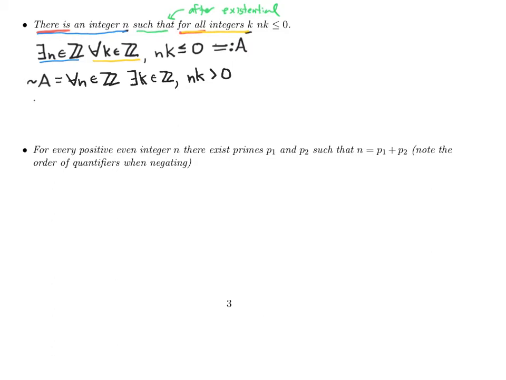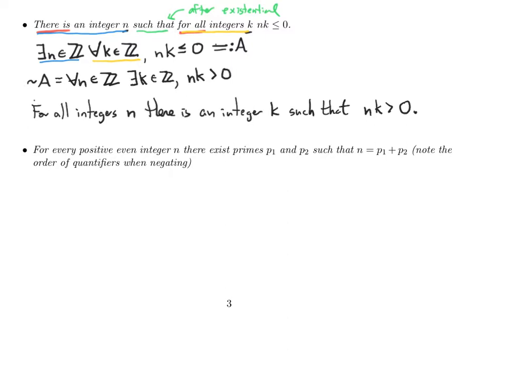I would write it as follows: for all integers n, there is an integer k such that, since we finished our existential quantifier here, n times k is indeed greater than 0. So that would be how to express the negation in words.